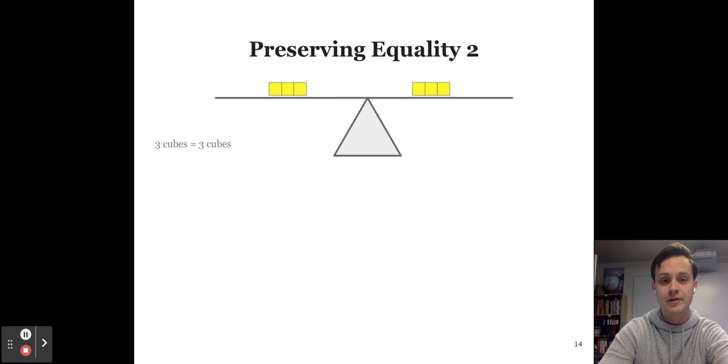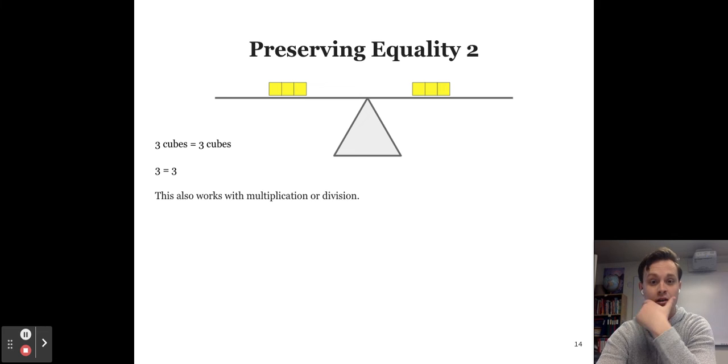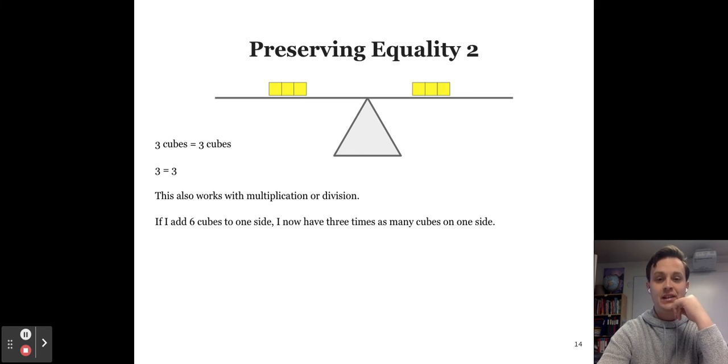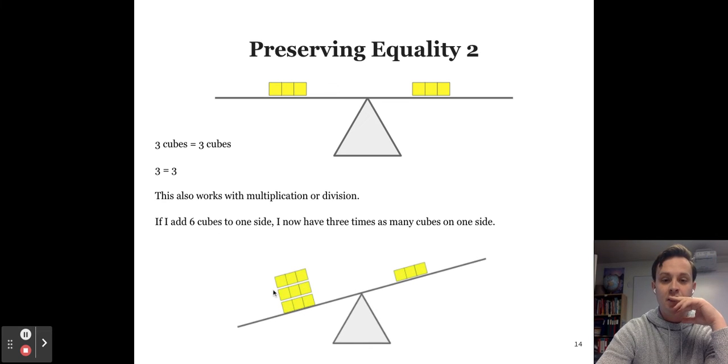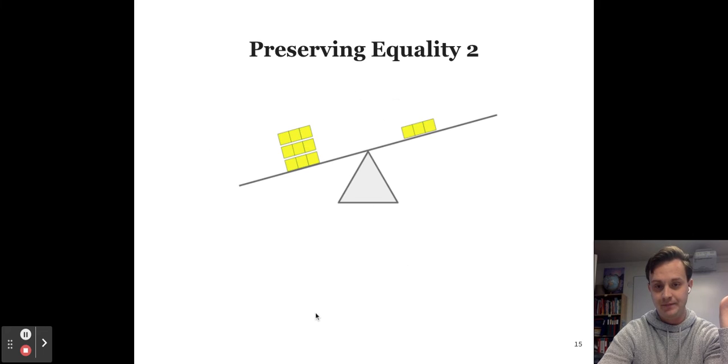So here's another example. 3 cubes equals 3 cubes. 3 equals 3. So what about multiplication and division? Well, if I add 6 cubes to one side, I now have 3 times as many cubes on that side, right? So 3 plus 6 is 9. 3 times 3 is 9. So really, I've multiplied the left side by 3.